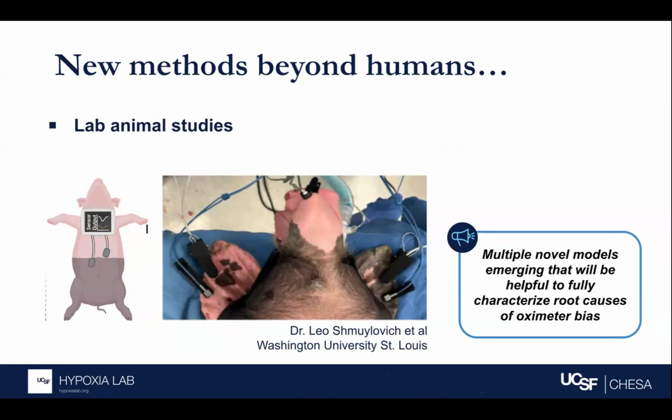Another method, kind of moving away from human studies, is a method that Dr. Leo Shmulyevich at WashU, a member of the collaborating community and part of the OpenOx collaborators group, has. He has a pig model where the pigs are engineered to have certain areas of skin with no melanin and other areas with lots of melanin.